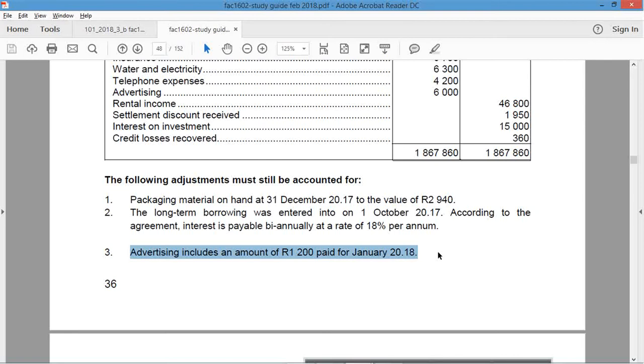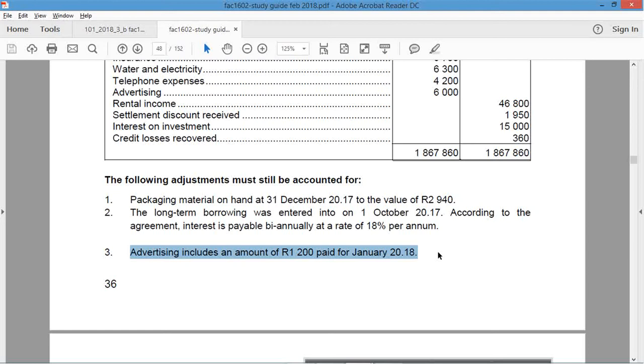So then, what is a prepaid expense? What type of account is a prepaid expense? An asset. There we go. So if it's an asset, would it have a debit or a credit? Debit. There we go. So then it's going to be prepaid expense. Yes, it'll be debit prepaid advertising expense and credit what? Bank. No, you're not paying for it.